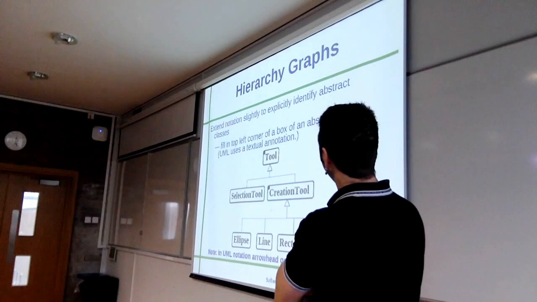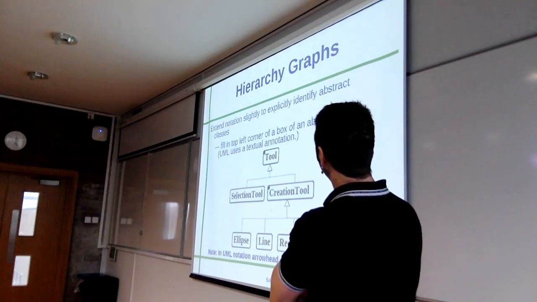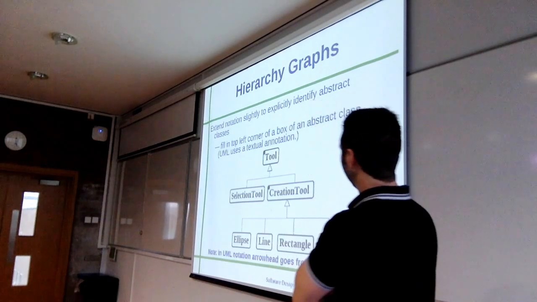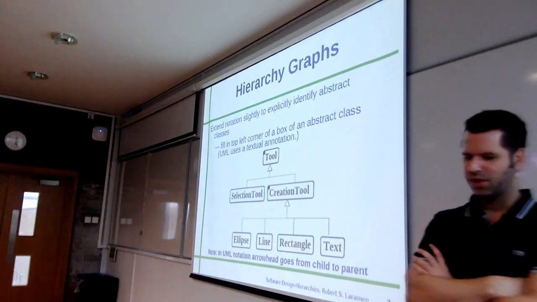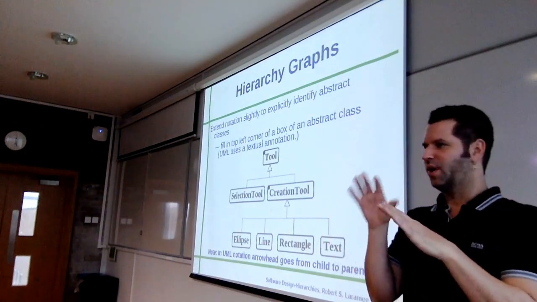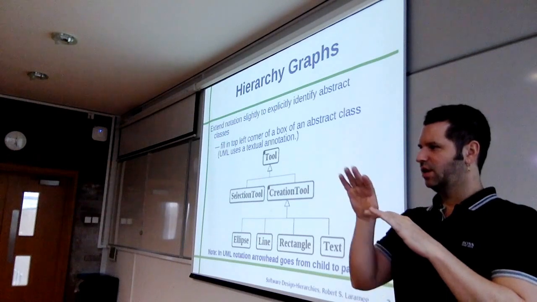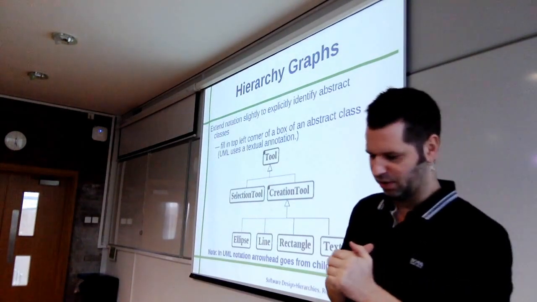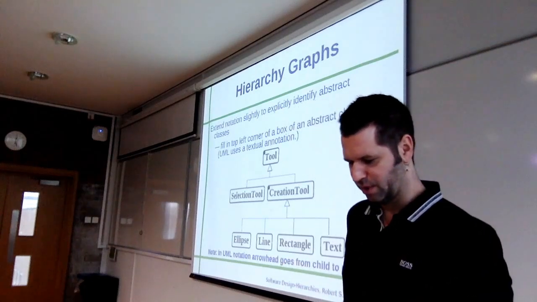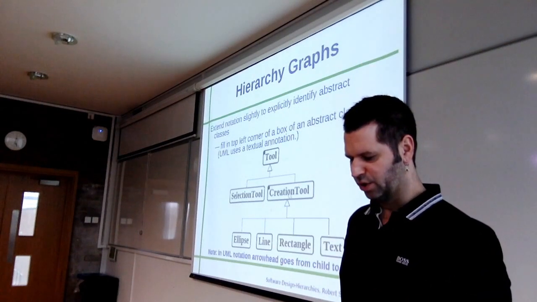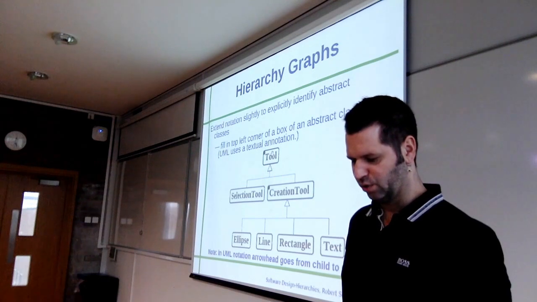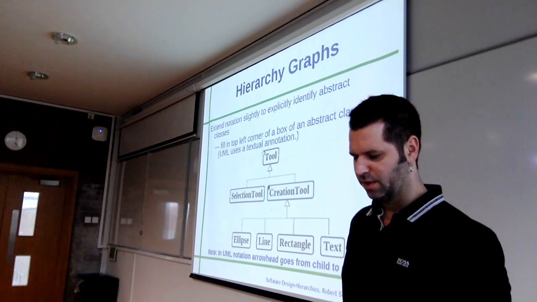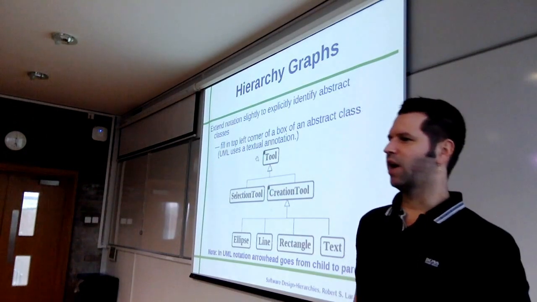So hierarchy graphs. This is what a hierarchy looks like. We already sort of saw a parent-child diagram already, right, in the is-a-kind-of relationship. So a selection tool, a creation tool is a kind of tool. Now these black, filled-in rectangles denote an abstract class.